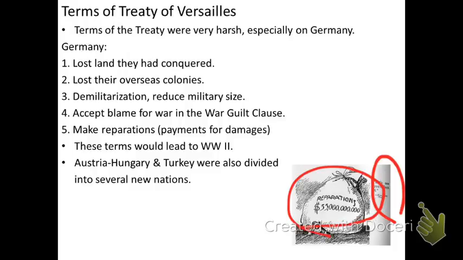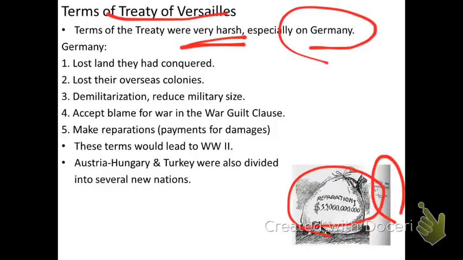That is $33 billion. It does look like a 5, but it should be, I believe, 33 billion. Regardless of what the dollar amount was, it is something Germany could not repay. So the terms of the Treaty of Versailles were extremely harsh on Germany.